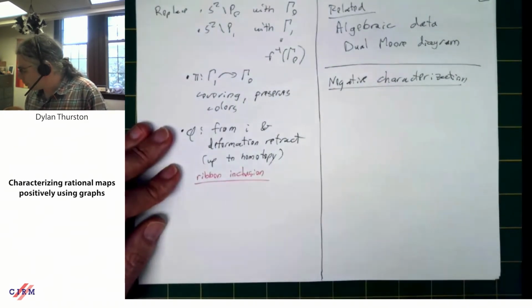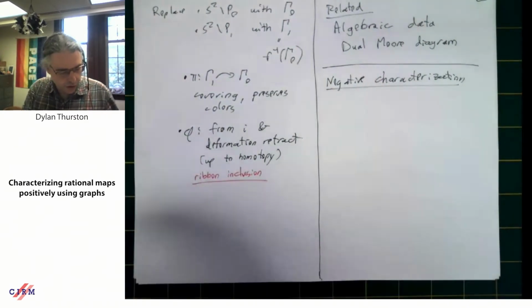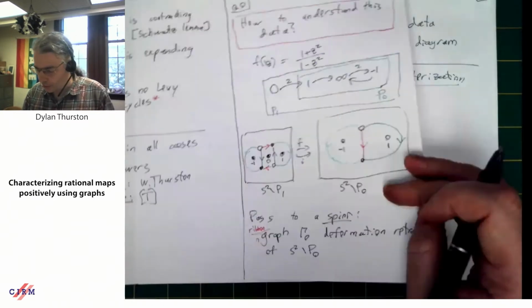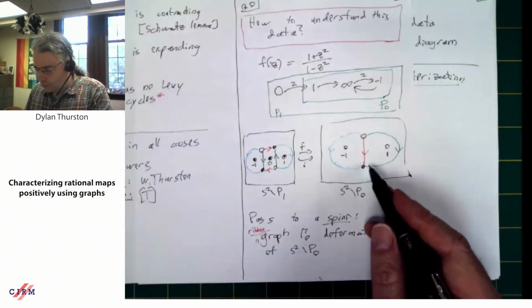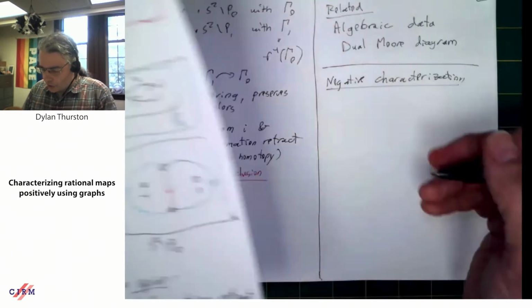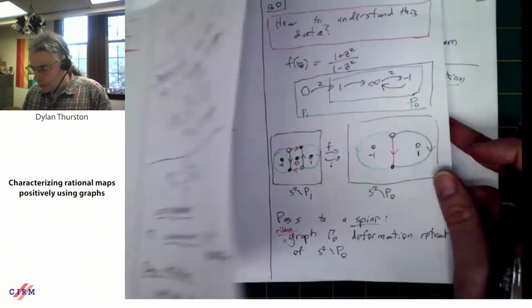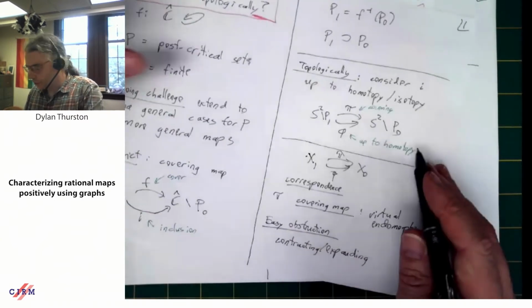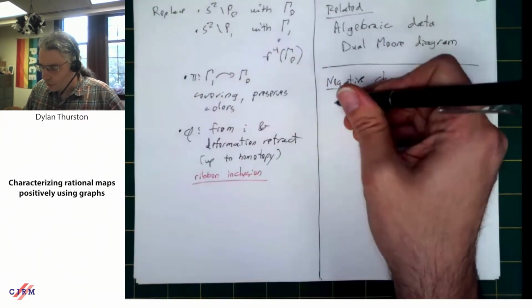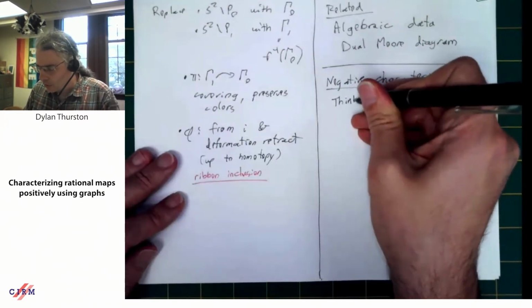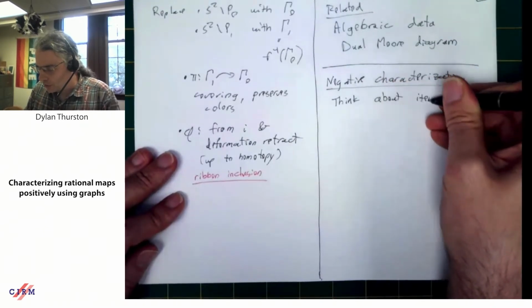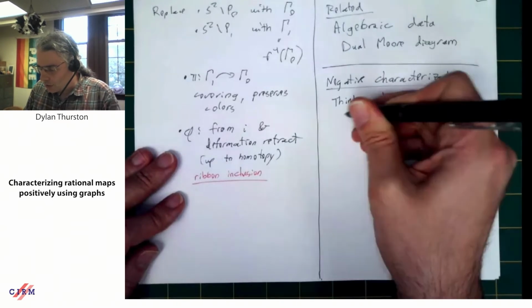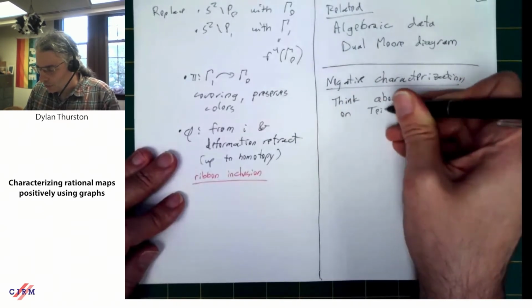I went on this whole spiel about graphs and so forth, and I actually want to go back and think about it in terms of the surfaces. So you think about iteration on Teichmüller space.